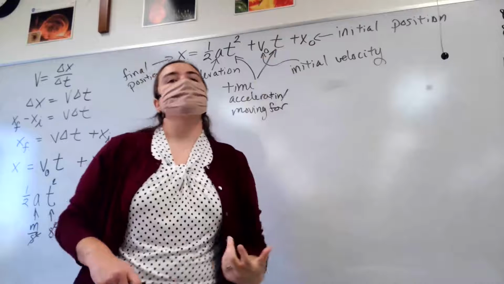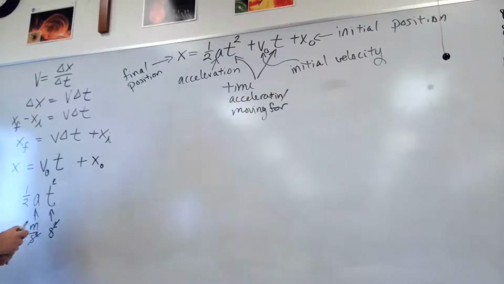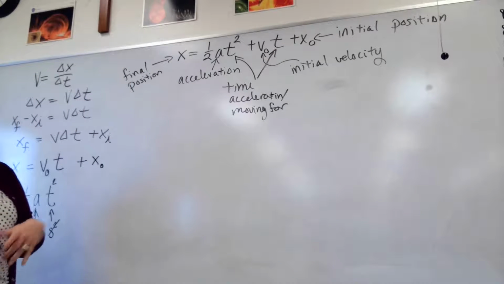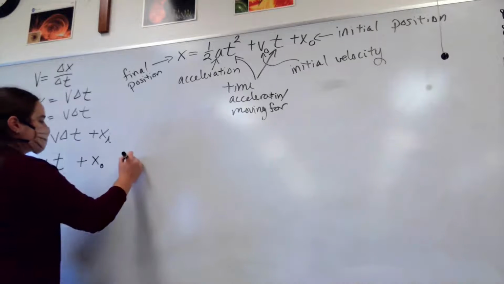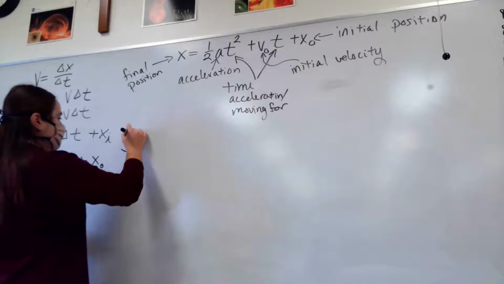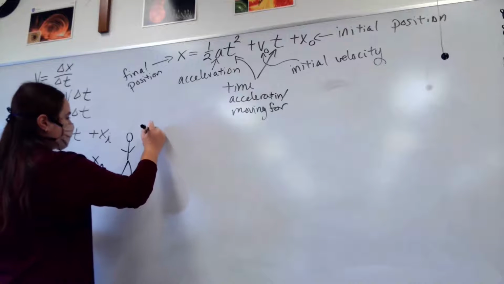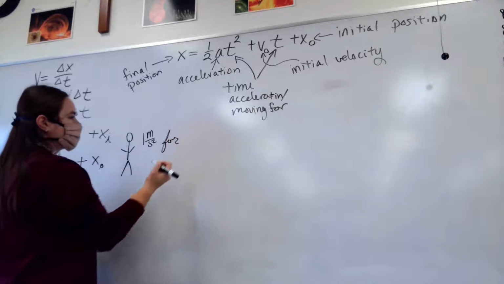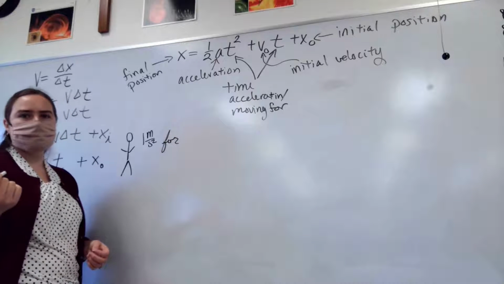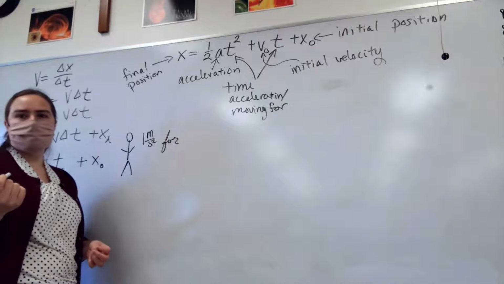Okay? So let's do the same example we did before and see where he would end up. So we know how fast he'd be going. But let's see where he'd end up. So we had a guy who was accelerating with an acceleration of 1 meter per second squared for, did I say 3 seconds or 2 seconds? 3 seconds.